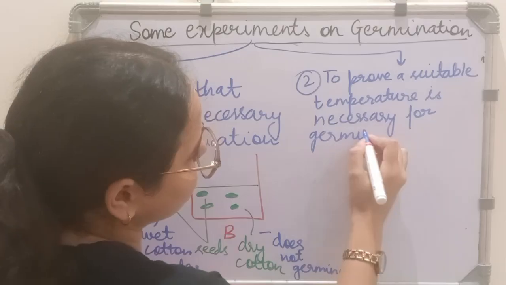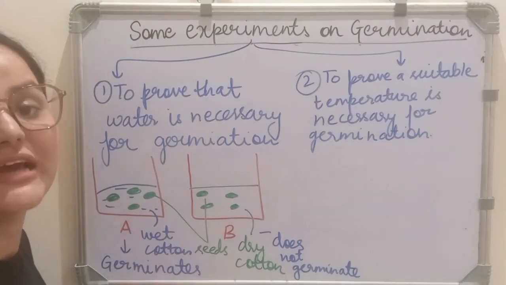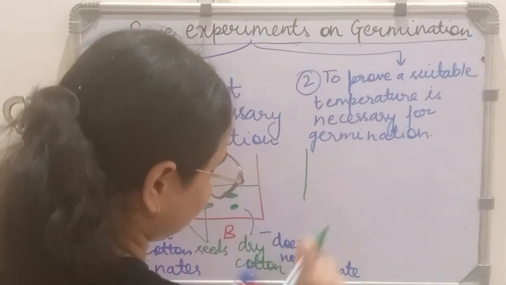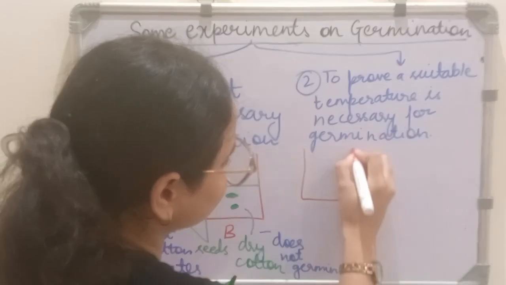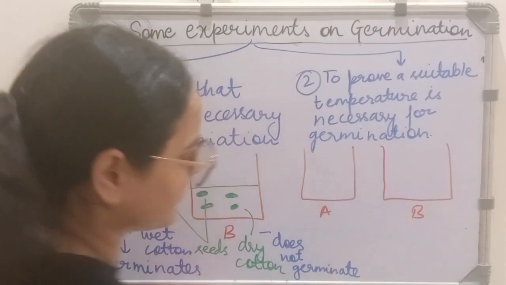Let's prove this. In this case also again we are taking 2 beakers. Let's draw with red. So this is beaker A. This is beaker B.